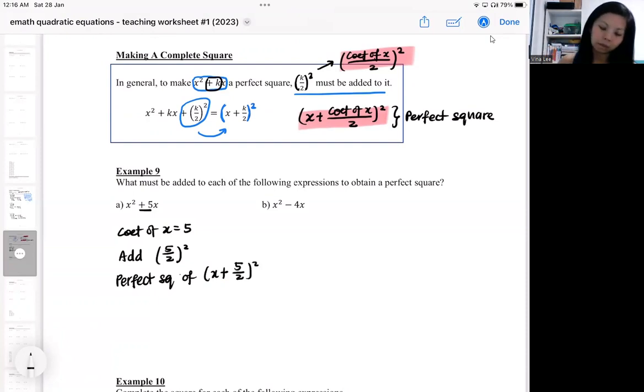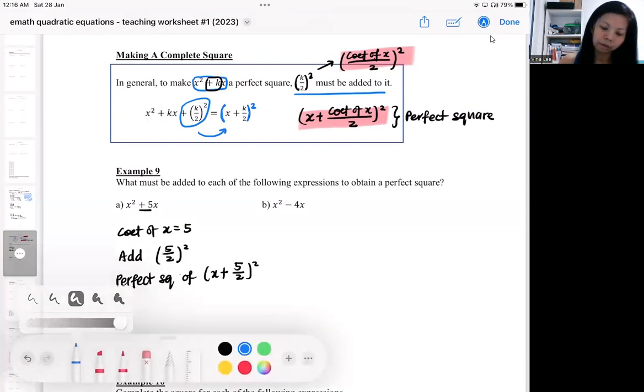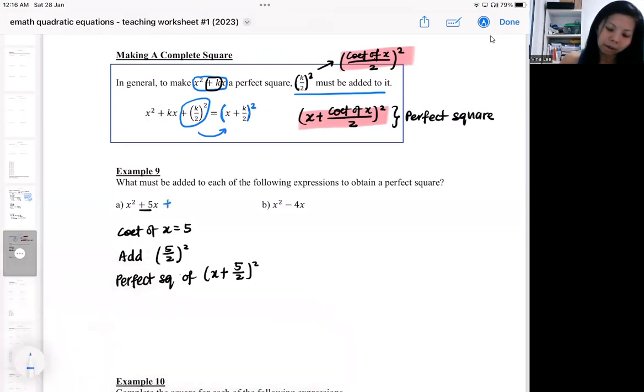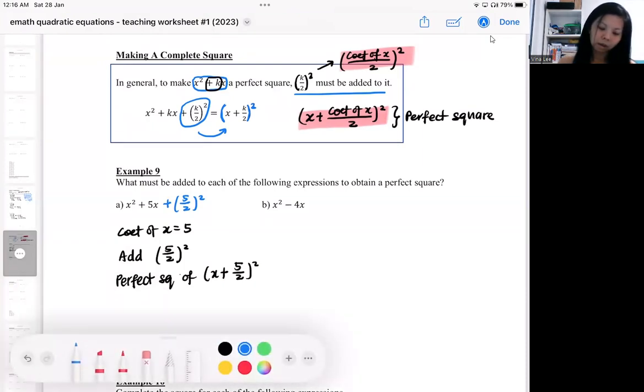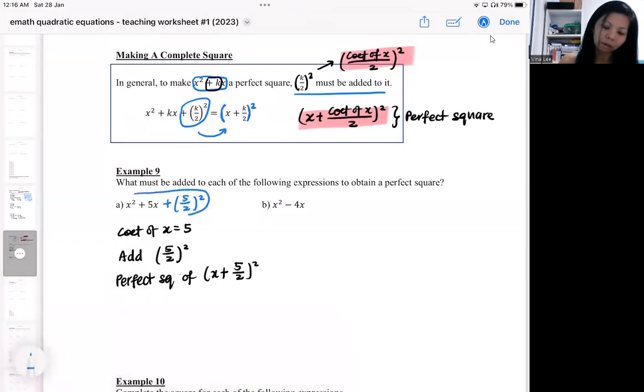Okay, so how does that work? Let's try to observe a little bit. When I add 5 over 2 squared, actually I get 25 over 4.